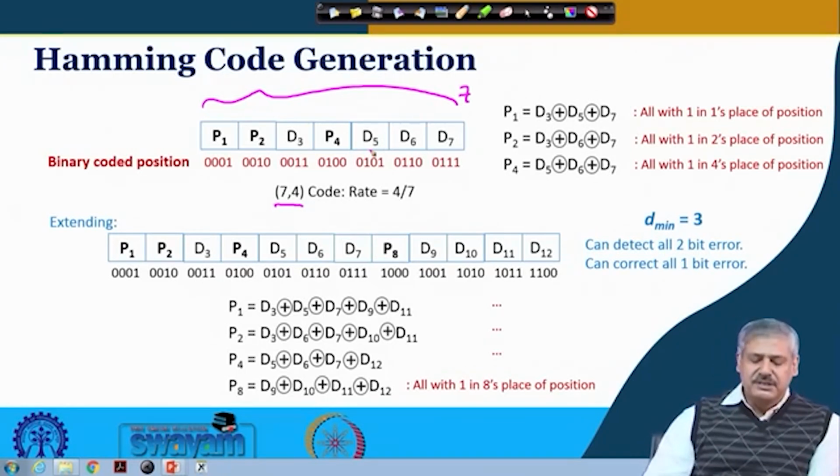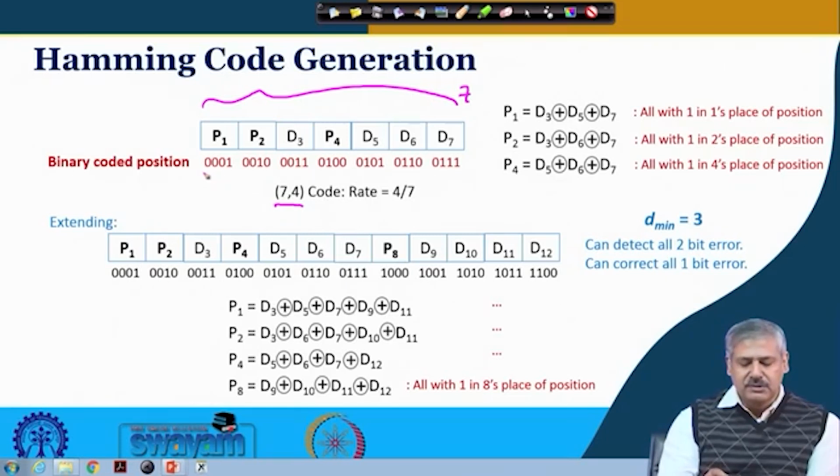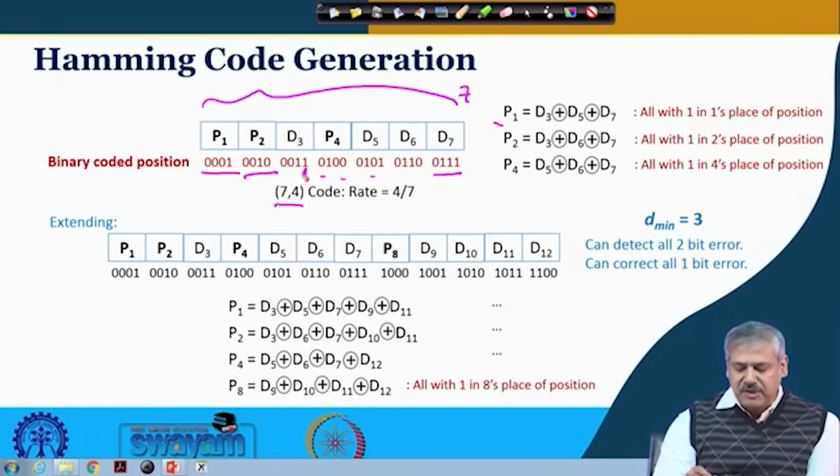What we do first is code each of the positions 1 to 7 in binary. So, the binary coding of 1 is 0001, of 2 is 0010, and this way we continue, 7 is 0111. To generate P1, we consider all the positions of the data where there is a 1 in the units place.